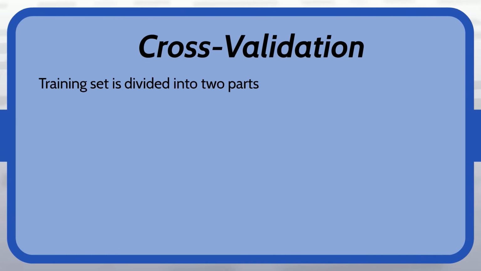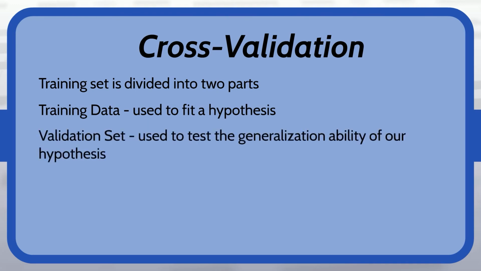So this brings us into the process of cross-validation. We are going to divide the data that we have into two parts for this process. The first part is going to be the training data, and we are going to use that to fit a hypothesis. And on the flip side of that, we are going to have the validation set, which is going to be used to test the generalization ability of our hypothesis.